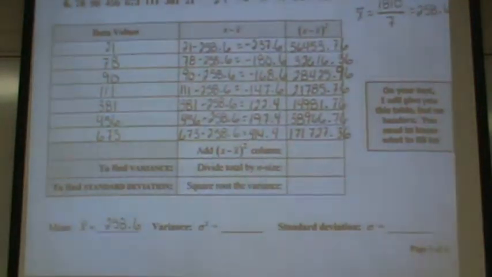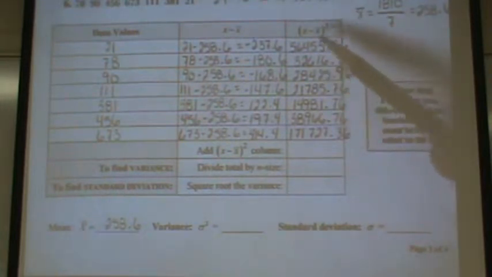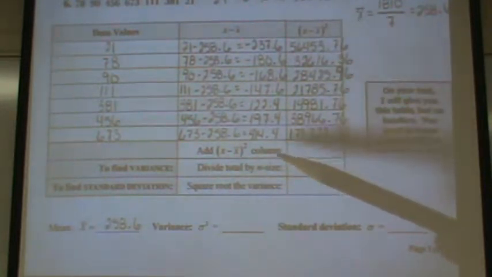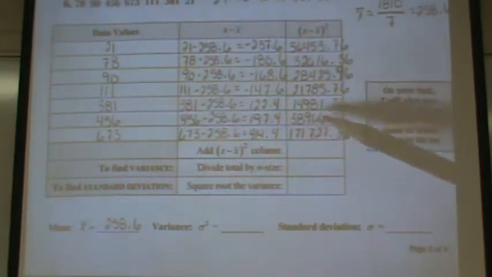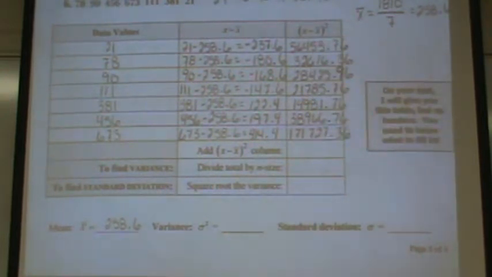So once we've squared all of those values, we need to add them all up. So we're going to add all of these values in the third column. When we add those up, we get 364,957.72.